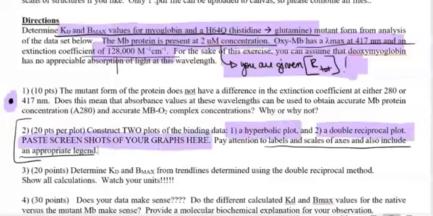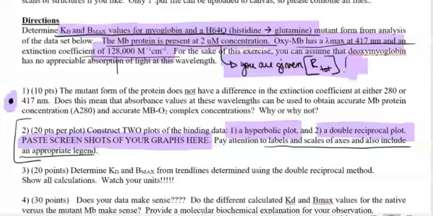Pay attention to the labels and scales of axes and also include an appropriate legend. So please do that. I found it very difficult for whatever reason to download the Excel files out of Canvas, out of the grade book when I was doing the grading of the UV Phys lab. So please just put screenshots of your graphs right in this document, so it'll be way easier for me to just browse them.